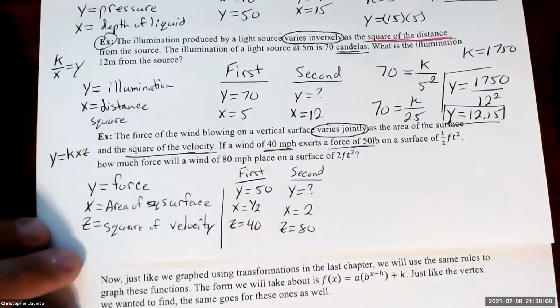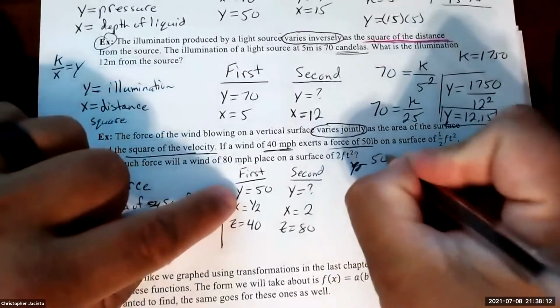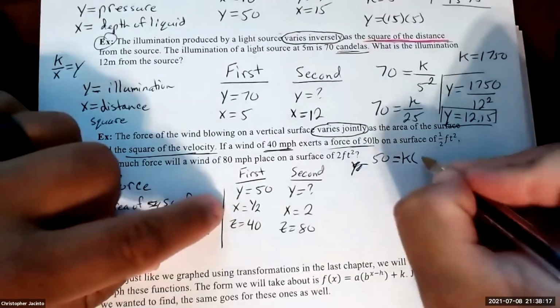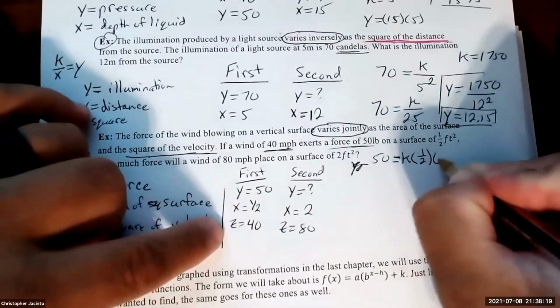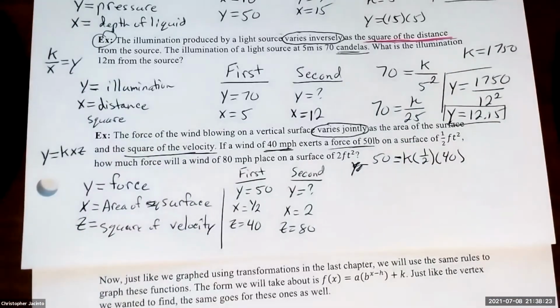Okay. So if we set this up, it's going to be Y, 50 is equal to K times X times 40. Before going any further, does anybody see something we also have to do? Don't we have to include the square of the... Yep.